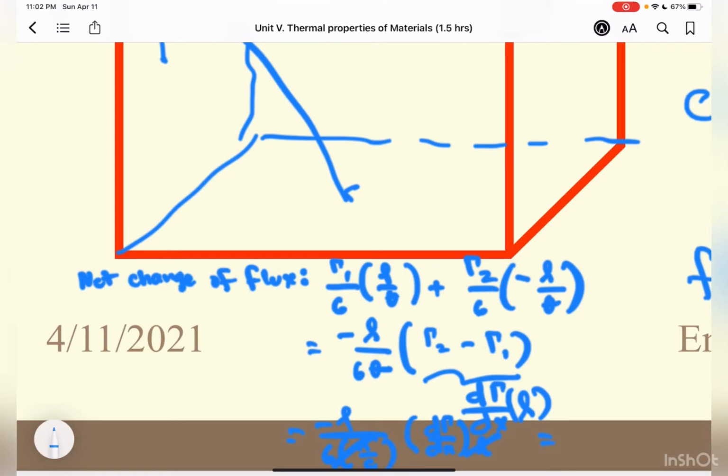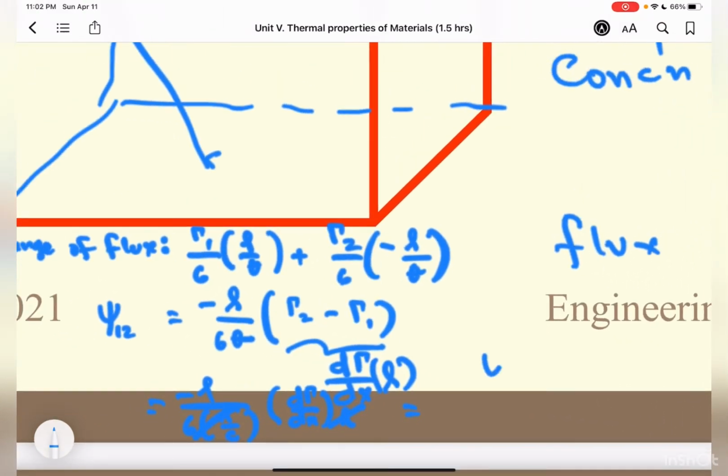Finally, I would have the equation for flux from 1 to 2, which would be equivalent to negative L over 6 theta. Wrong. Sorry for that.